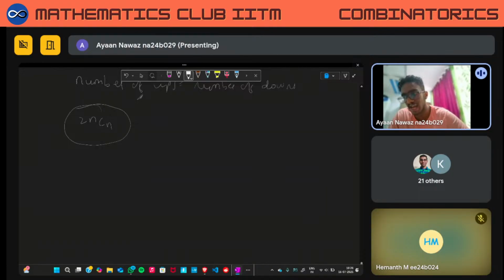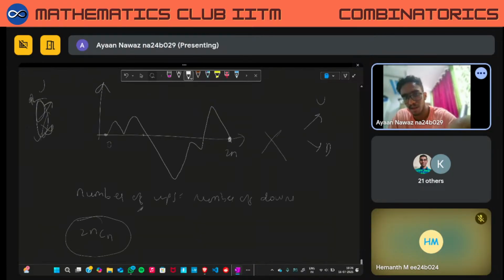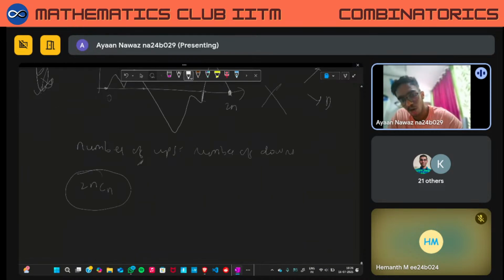Now the number of down steps below the x-axis in a path is called the exceedance of the path. It's a parameter to measure the number of down steps.